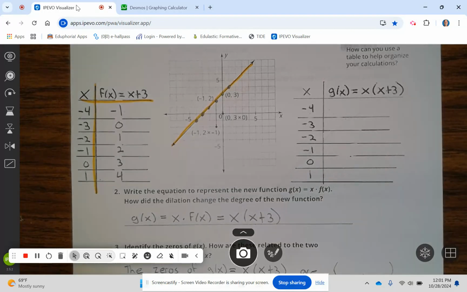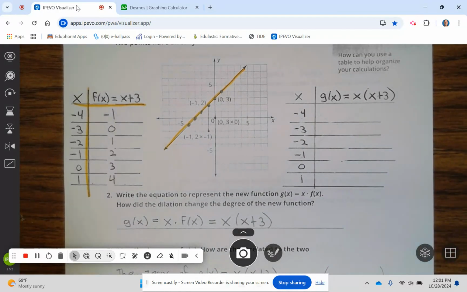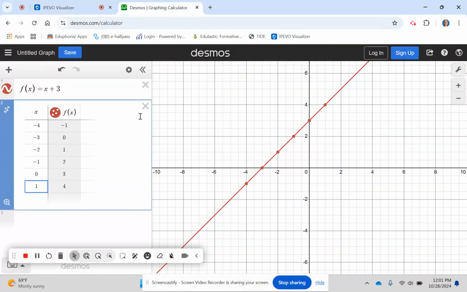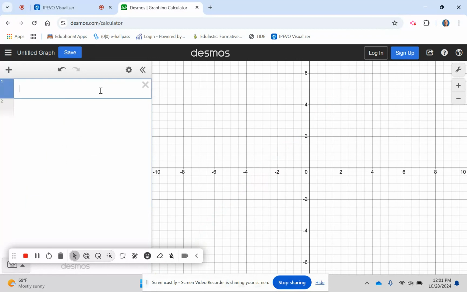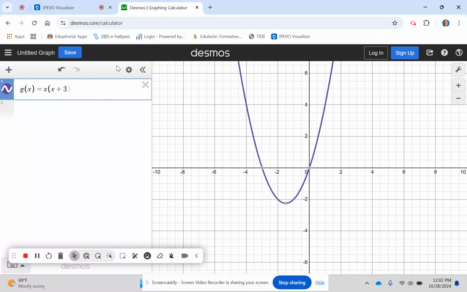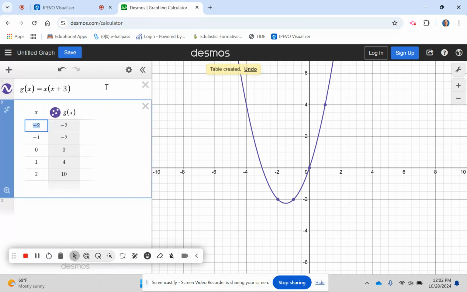All right, let's take a look at the next graph. Okay, so I'm going to come over here, exit out of that, and let's do g of x equals x times x plus 3. I'm going to click right here, click on the table, and let's change the values to match the paper.